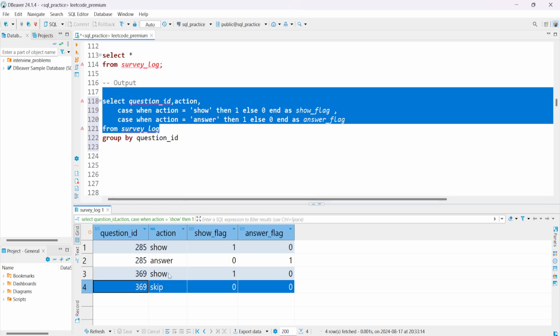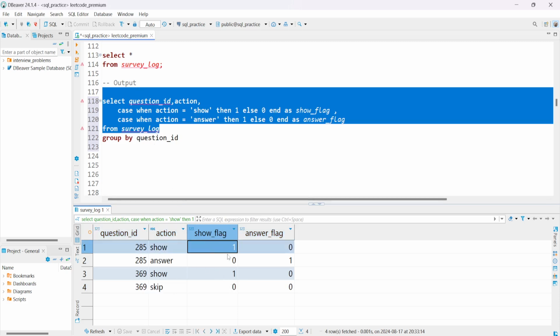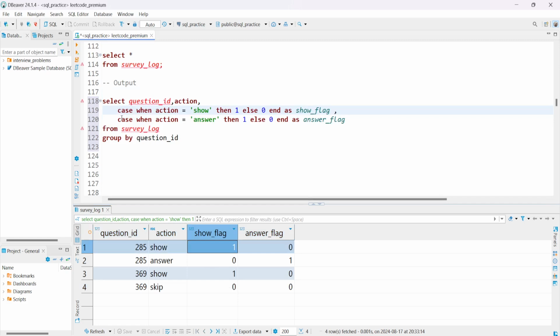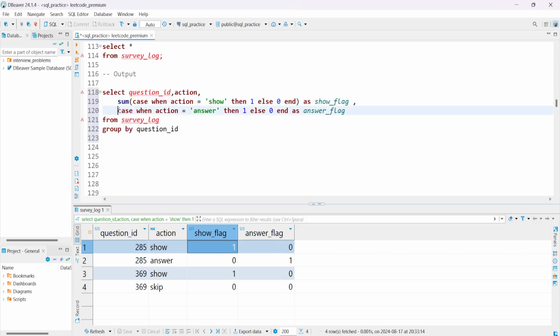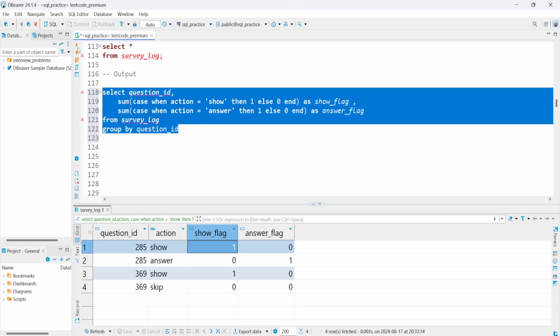Now we want the sum, we don't want the flag like this. We know that we can use the case when statement inside the aggregate function, so we can put it inside the sum, and we are already grouping the data. Since we are not grouping the data on action, that should be removed. Now let's run.